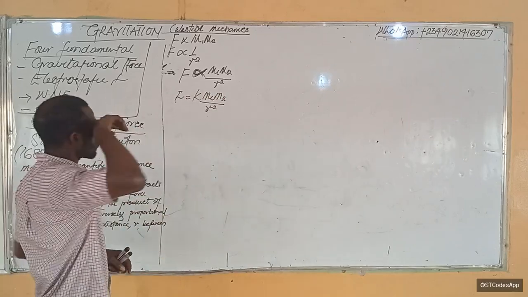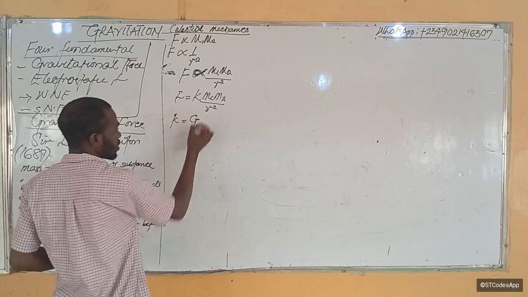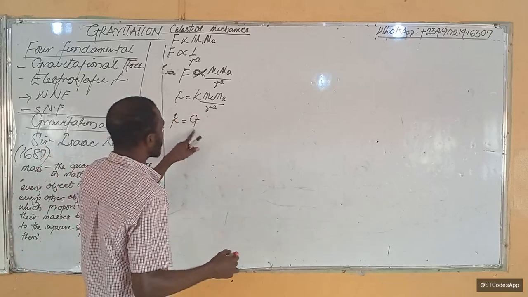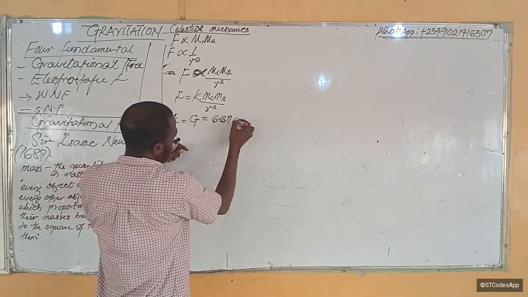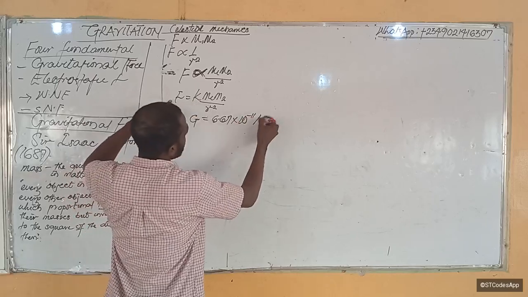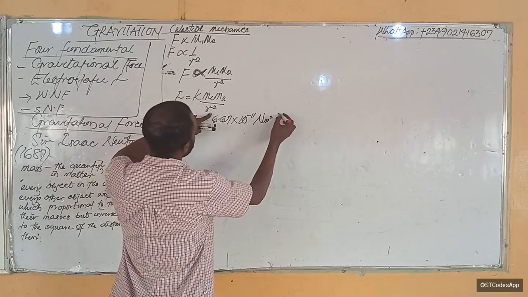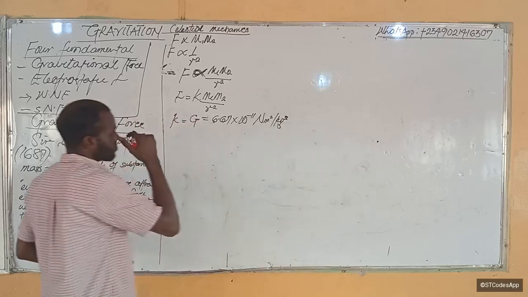So Newton was able to also estimate the value of this K, and he called it G, okay? So it's called Newton's gravitational constant. And the value is 6.67 times 10 to the power minus 11 Newton meters squared per kilogram squared. Okay?